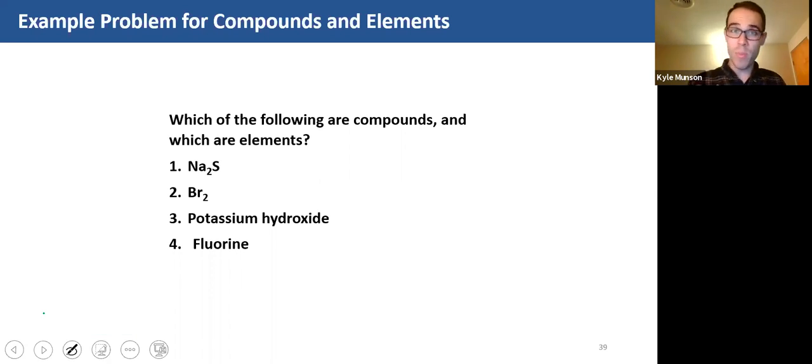Okay, so I'm assuming you paused the video and you were able to answer these questions. So the first one here, there's 2 different types of elements here. There's sodium and there's sulfur in this compound, and you could have checked that on your periodic table, and I hope you did. So this is a compound.